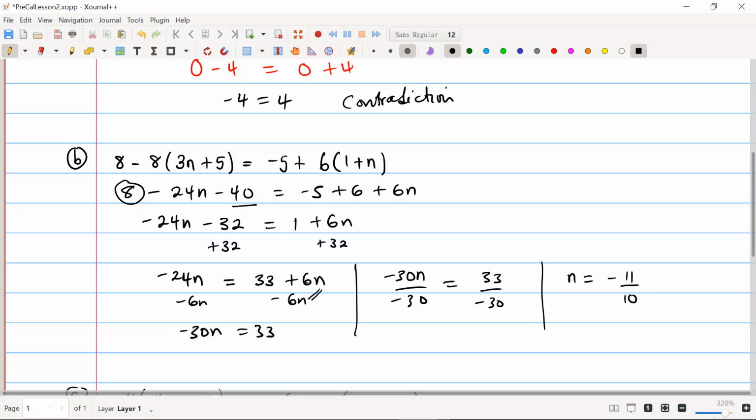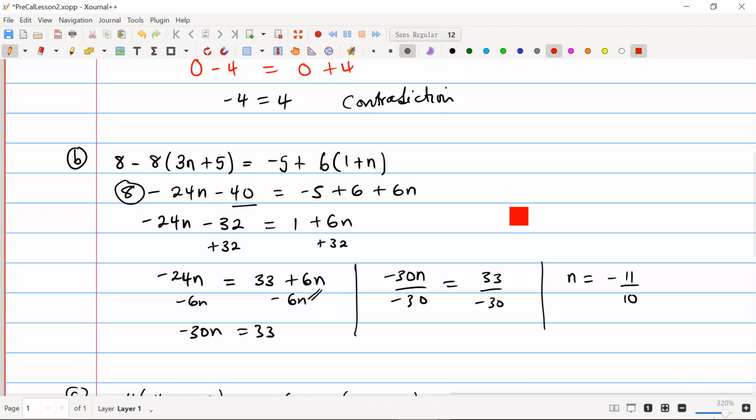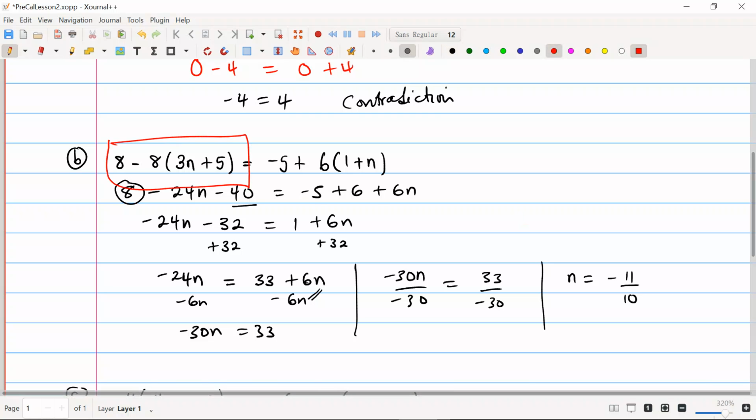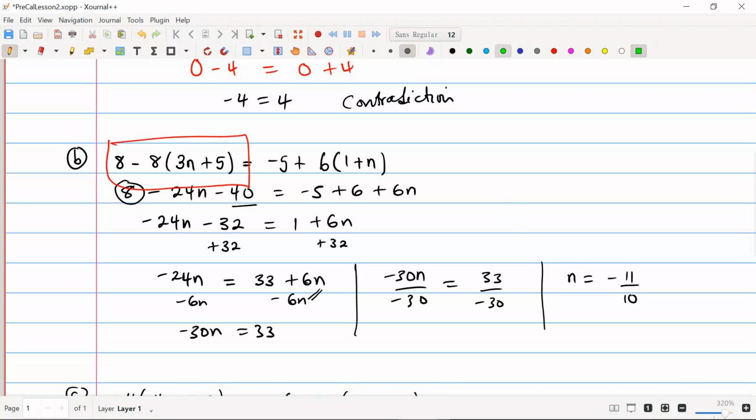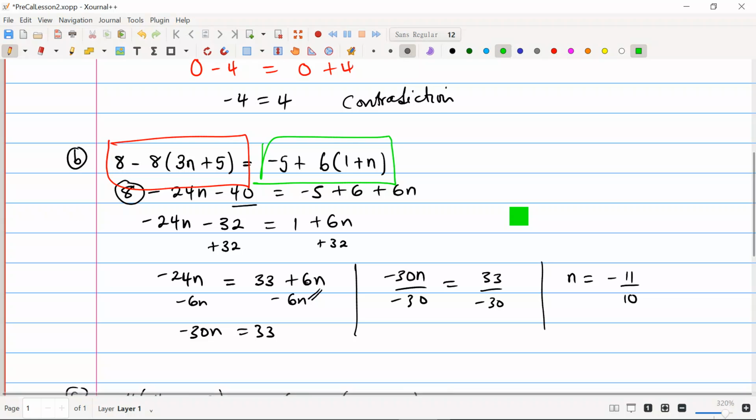And that is n. Now, what does this mean? It means that this equation is a conditional: the left side of this equation will be equal to the other side, with the condition that n should be equal to this. So if n is this, then this is true.